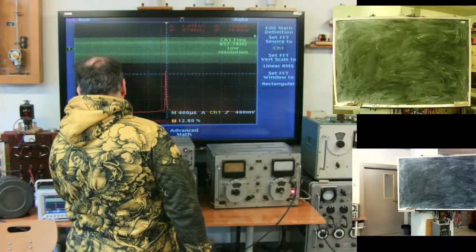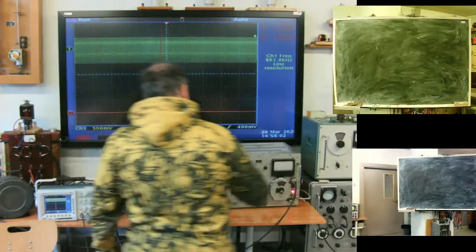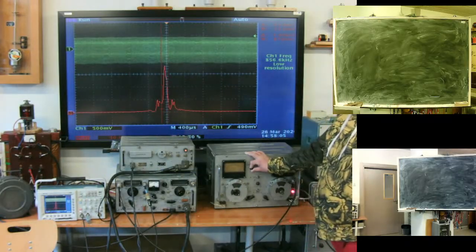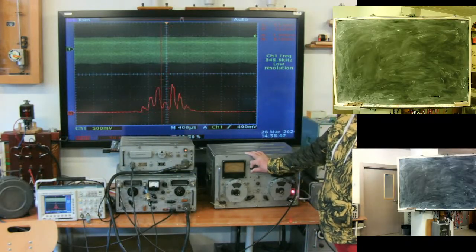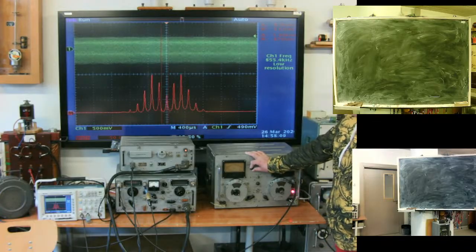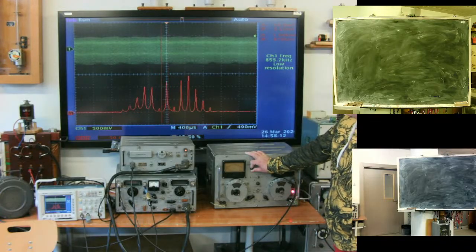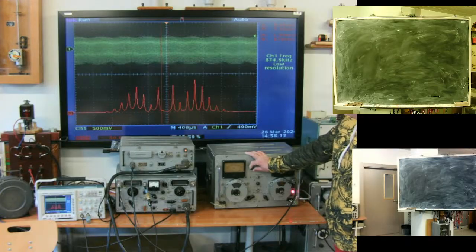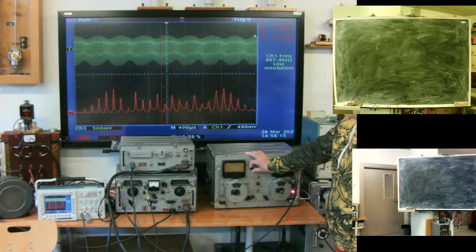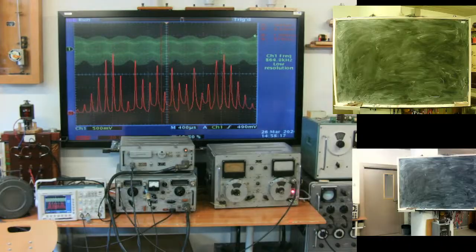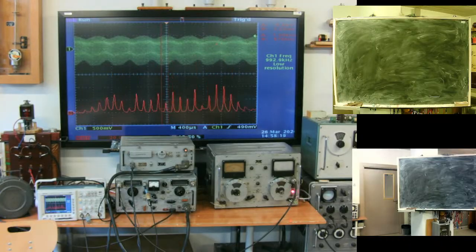Oh, at the center. Here. Steadily increasing deviation, you see, the central line disappears and multiple side lines appear.